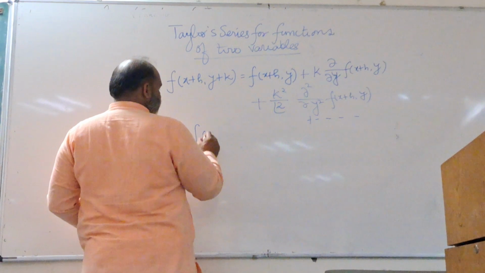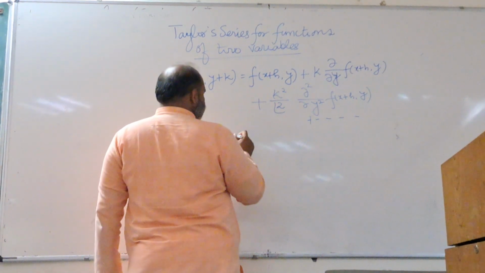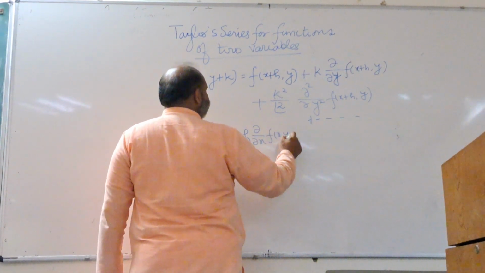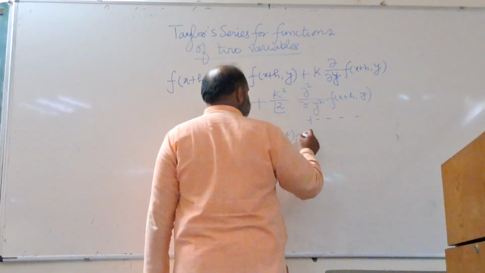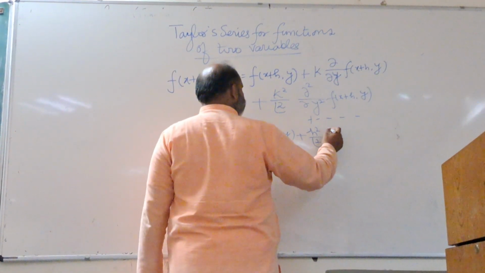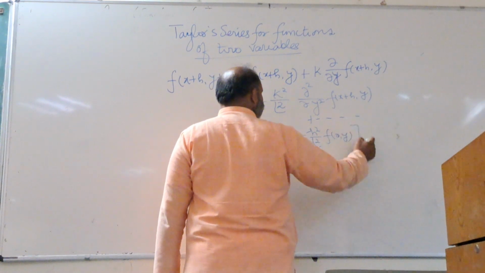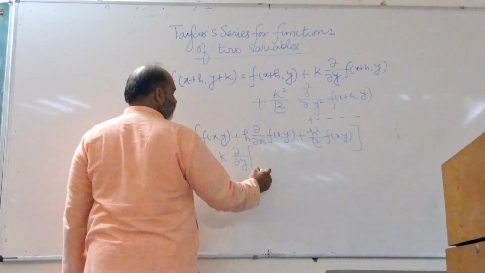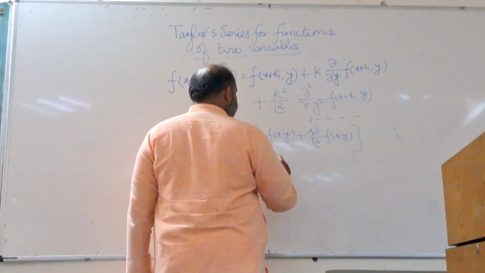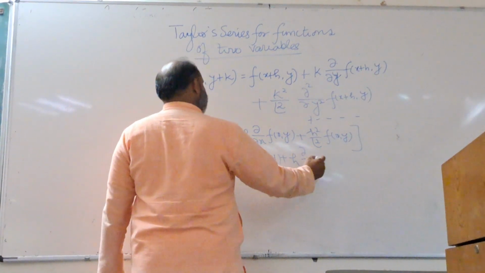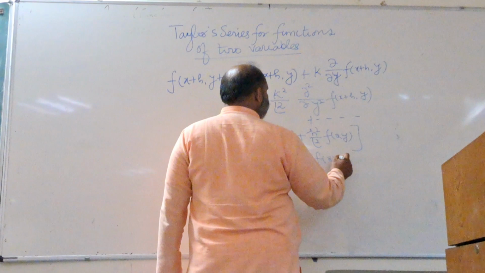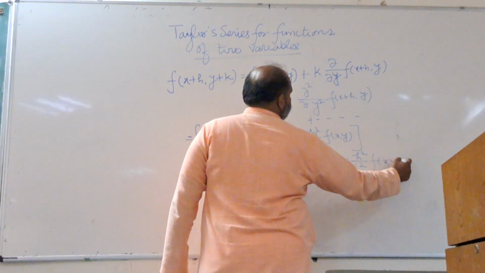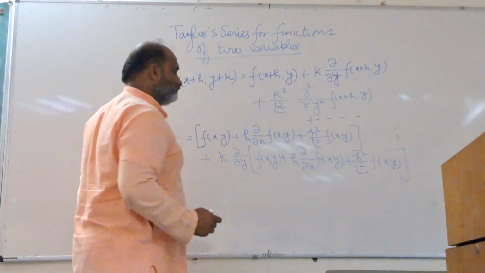So this will be f(x, y) plus h del over del x f(x, y) plus h square upon factorial 2 del square over del x square f(x, y), plus k del over del y of [f(x, y) plus h del over del x f(x, y) plus h square upon factorial 2 del square over del x square f(x, y)].